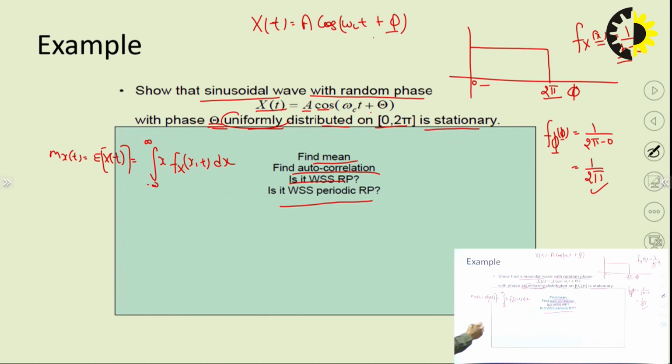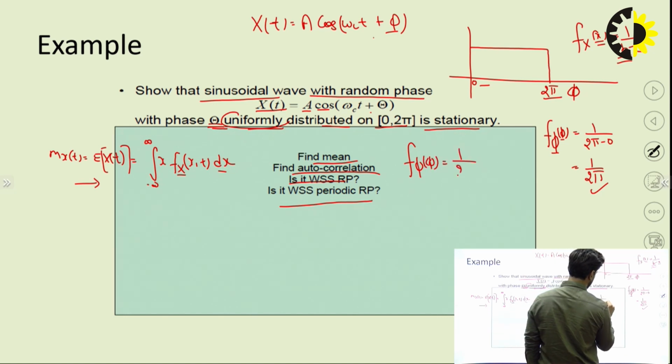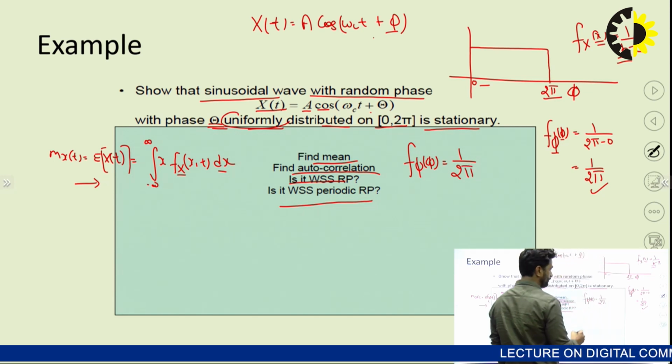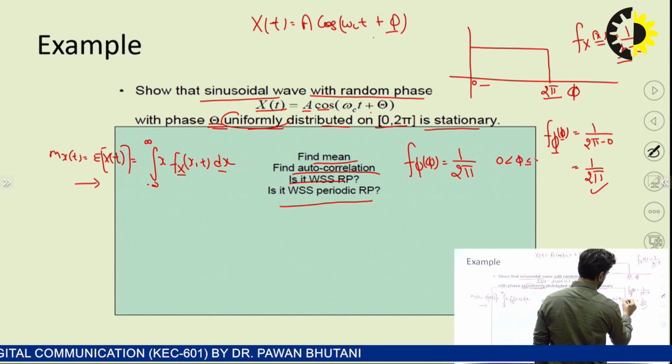Now in this formula x is the random variable, but here theta is the random variable, with a value 1 by 2 pi for the limit of 0 to 2 pi, and elsewhere it's 0.